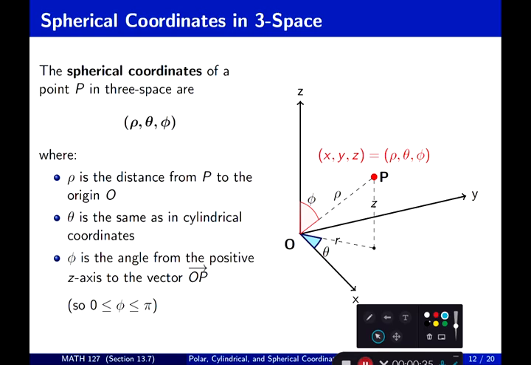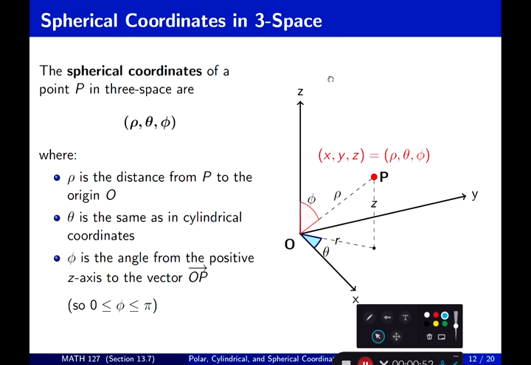Phi is the angle from the positive z-axis to the vector OP. And phi is always between 0 and pi. So it's not a full rotation, it's just half a rotation.